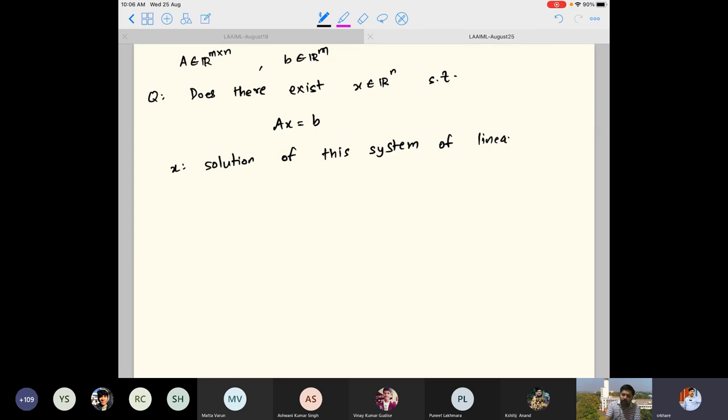Last time we tried to understand geometrically what this really means. When you look at Ax, what does it really mean?